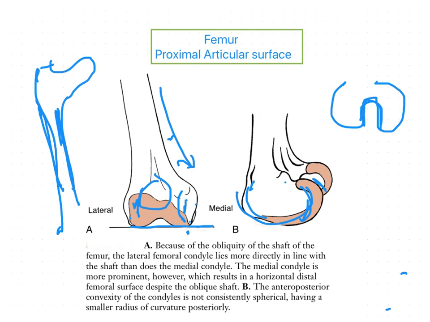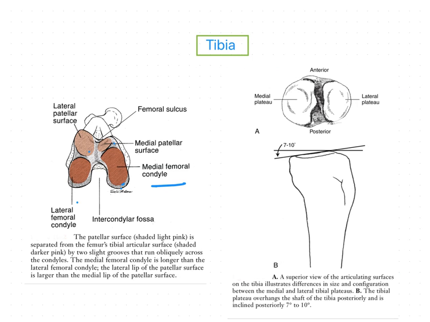Now we will move on to the condyles of the tibia, the superior view, and discuss the tibia here. The articulating surfaces on the tibia that correspond to the femoral articulating surfaces are the two concave, asymmetric medial and lateral tibial condyles.